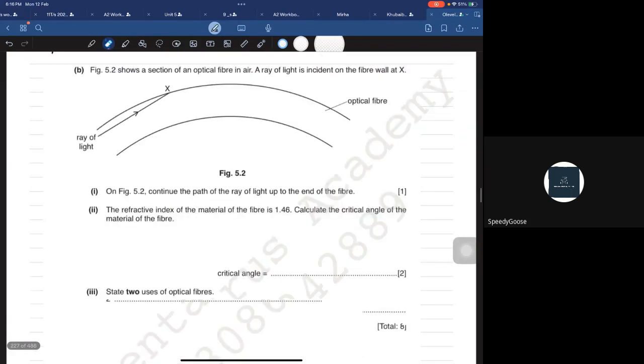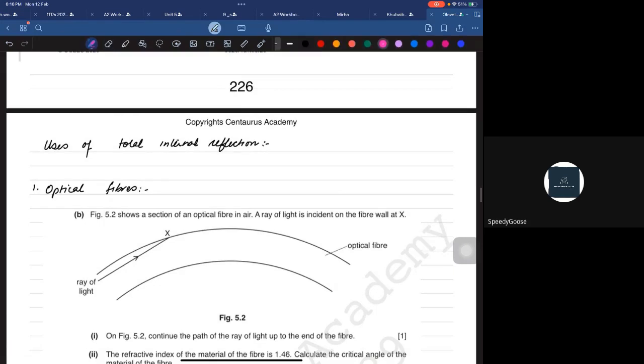So let me just give you a brief introduction. Optical fibers are made up of glass or plastic.